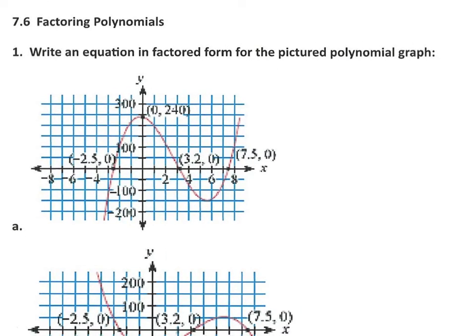First, analyze. I have opposite end behavior going down and up, so a is going to be positive. I have a single cross through, a single cross through, and a single cross through.